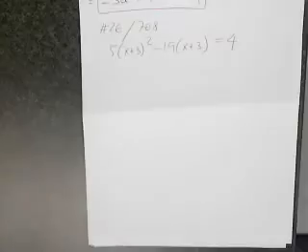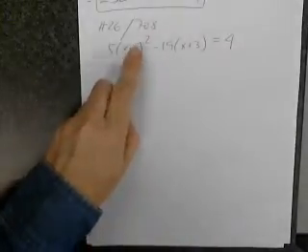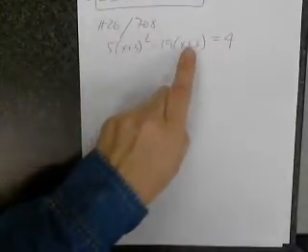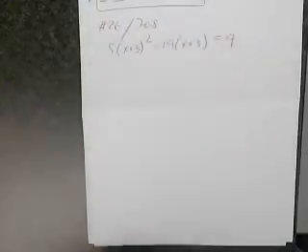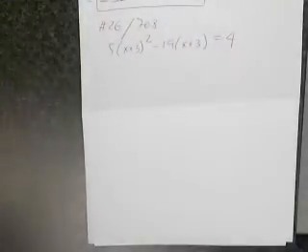Yes, you can square and distribute. That's fine. However, if you notice that there is an x plus 3 here, which is squared, and there is an x plus 3 here, which is not squared, you should consider, I'm not saying it's the only method, I'm not saying you have to do this, but I highly recommend it.